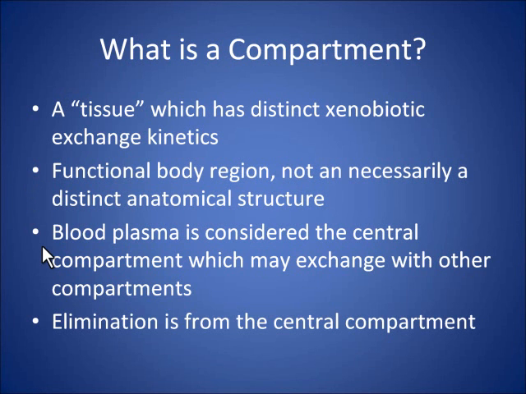Generally, the blood plasma is considered part of the central compartment, from which elimination occurs by a first-order process. That is, the rate of reaction is proportional to the substrate concentration. Traditionally, the number of compartments has been determined empirically from dosed animal data.